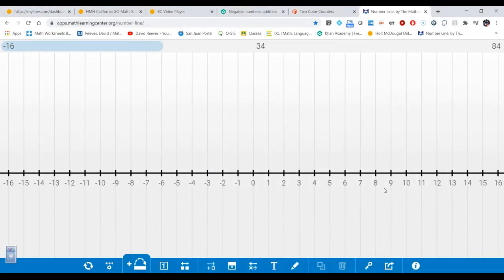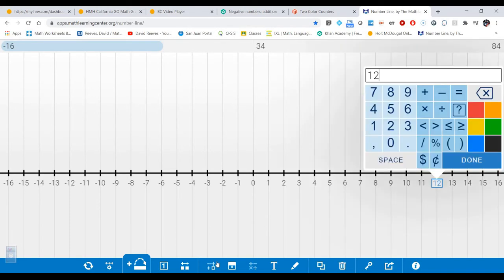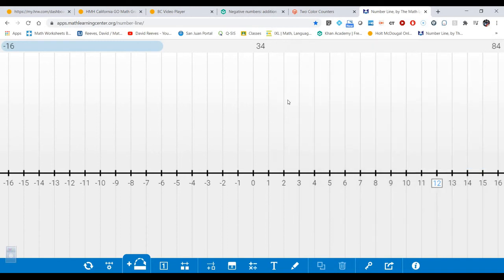I'm going to go to the positive 12 and put my marker there and label it 12. Okay, so that got me to 12. Now I want to add negative 8, okay?